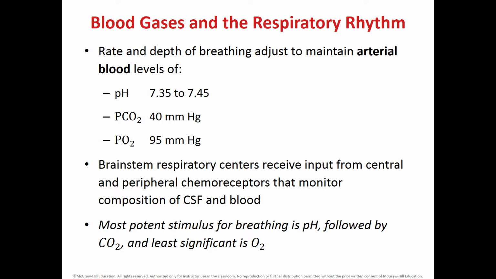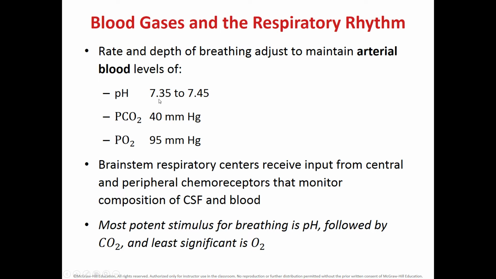So blood gases have a relationship with the rate and the rhythm of respiration. So this is just to show you the levels of the partial pressure of CO2 and oxygen that we have at a pH between 7.35 and 7.45, the normal levels of pH.